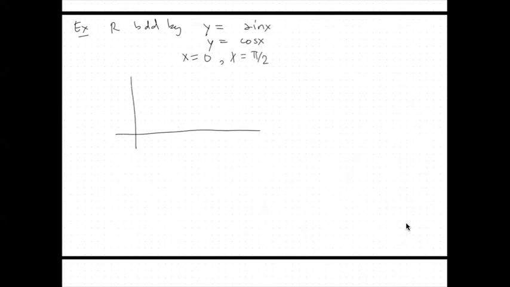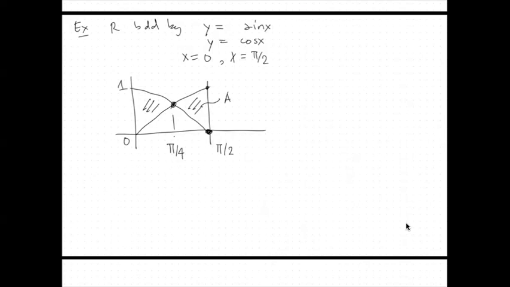If you do the graph, there's an intersection. So the graph looks like this. This is your graph of sine, and this is your graph of cosine. Cosine starts with 1, sine starts with 0. This is your 0, and then there is an intersection. This is pi over 2, and it intersects at pi over 4.